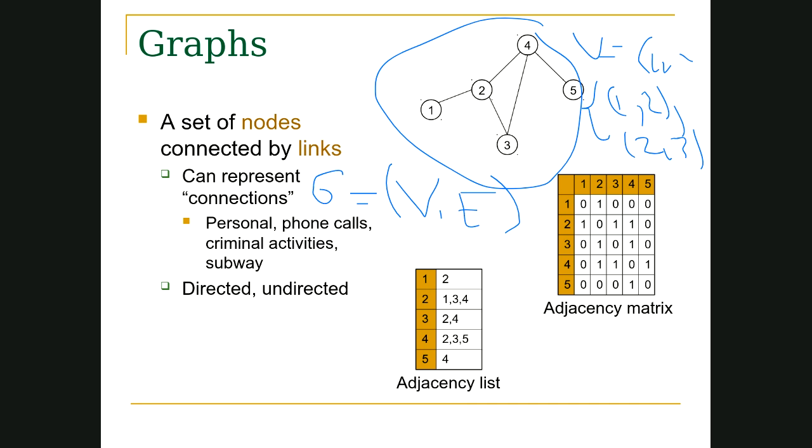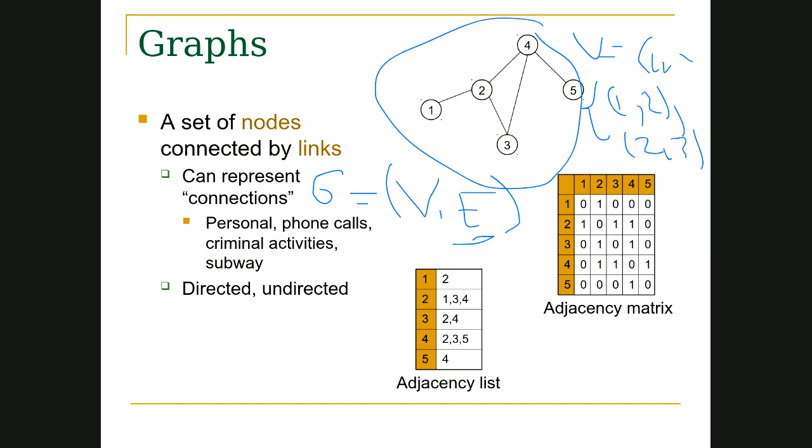They're very popular. They can represent a lot of data nowadays, relationships between two things when they get connected somehow. And that's how you interpret the E. A graph can be directed or undirected. The figure that I have there doesn't show any direction, so that is an undirected graph.